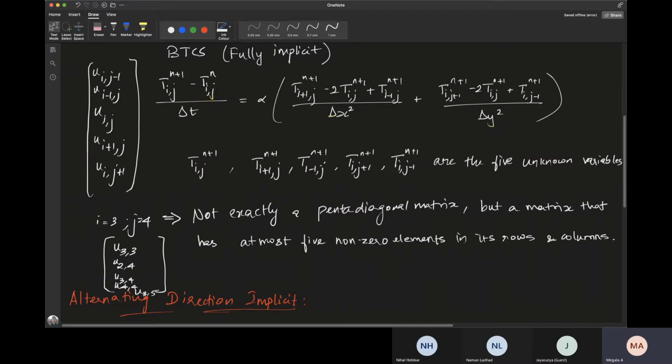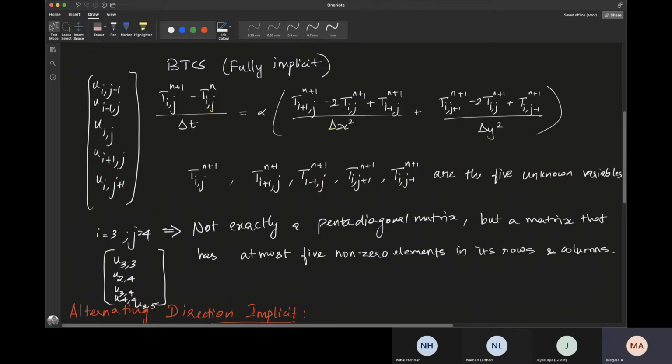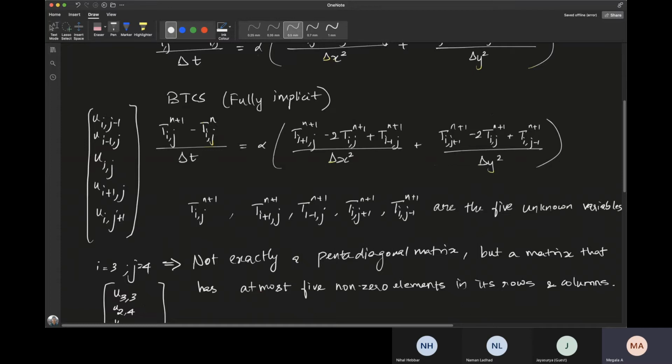So then by using some kind of matrix decomposition technique, you can solve that system. So this is what you have to do for a fully implicit problem, that is BTCS for the two-dimensional heat conduction equation.